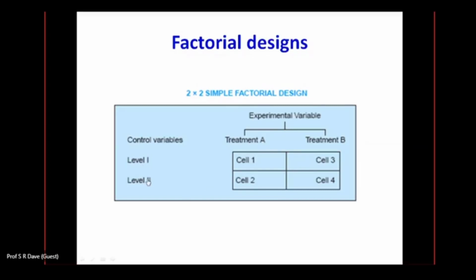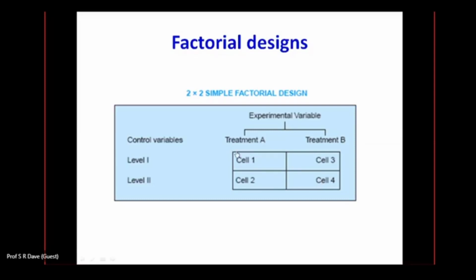In another, treatment A is high level, treatment B is high level. In the third experiment I will study treatment B at high level and treatment A at low level. In the fourth I will study treatment A at high level and treatment B at low level.